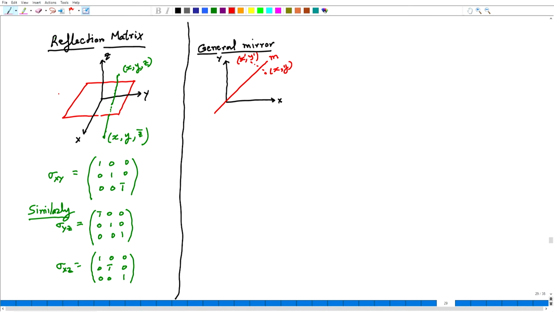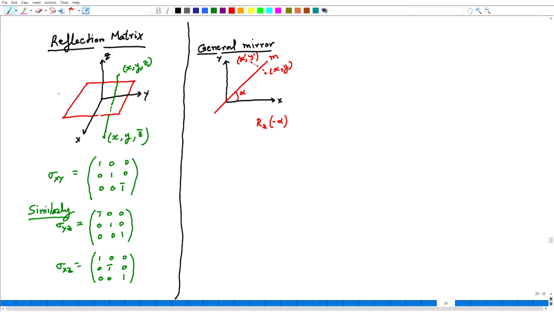Let us say the angle this mirror makes with the x axis is alpha. First of all, I will bring this mirror into the xz plane such that the y axis is normal to the mirror. So, I rotate through minus alpha, that is, I am rotating through an angle of alpha in the clockwise direction if alpha is positive. So, Rz minus alpha will bring the mirror into the xz plane.